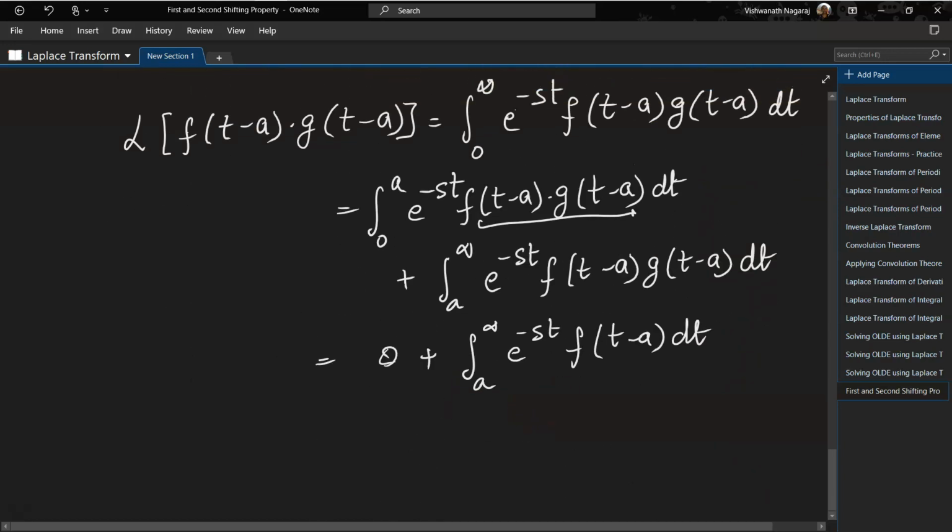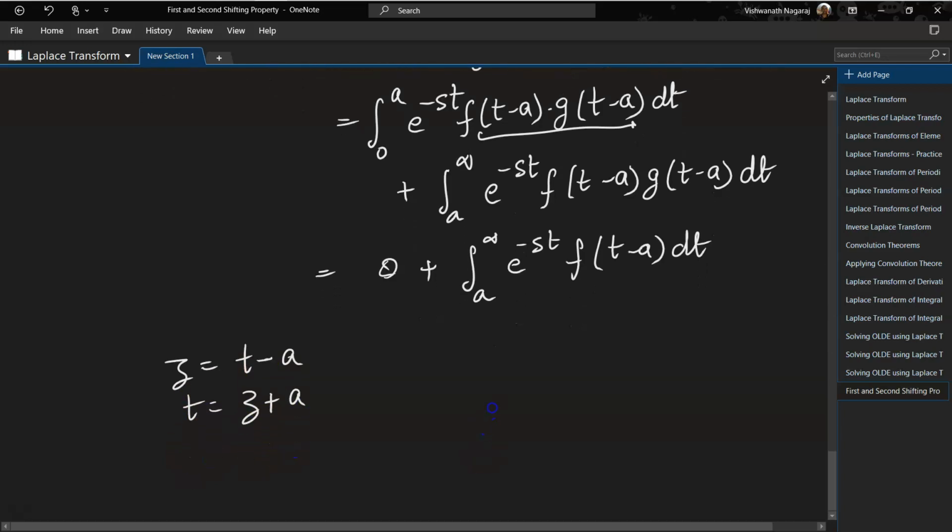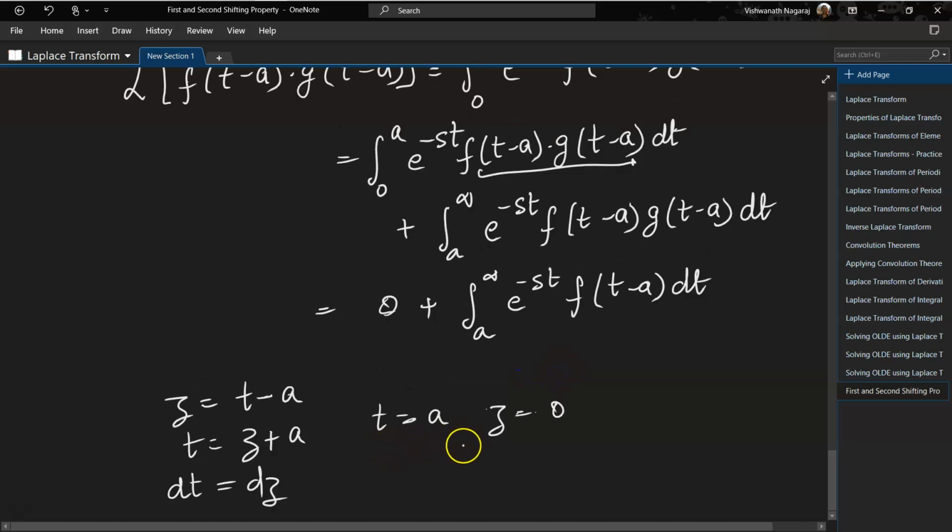Okay, now let's do some substitutions. So let us say z is equal to t minus a. That means t is equal to z plus a. And if we differentiate, we get dt is equal to dz. Again, as before, when t is equal to a, then z is equal to 0.